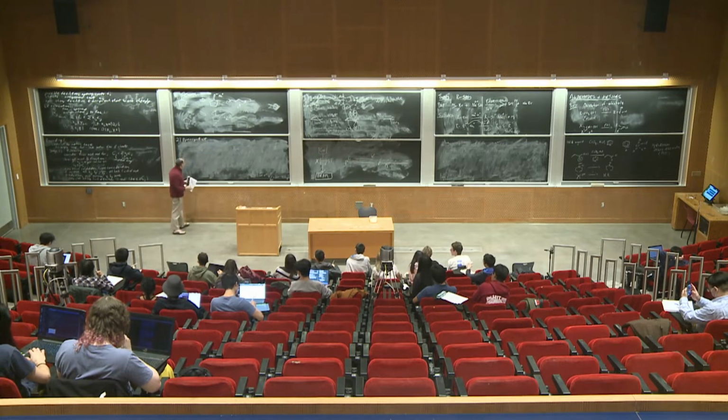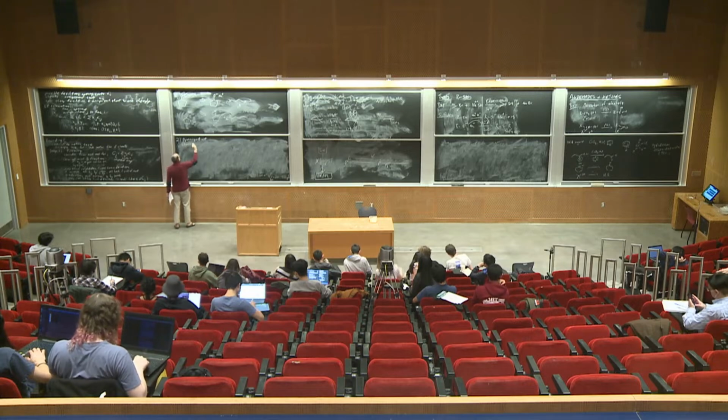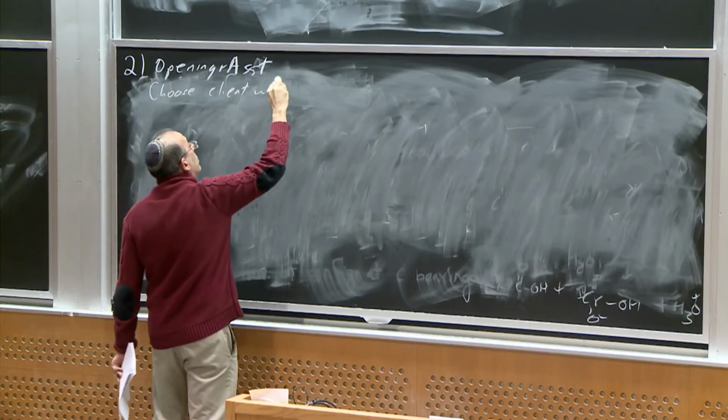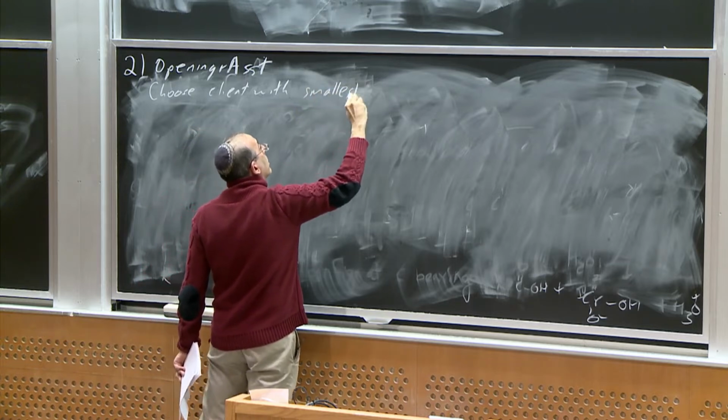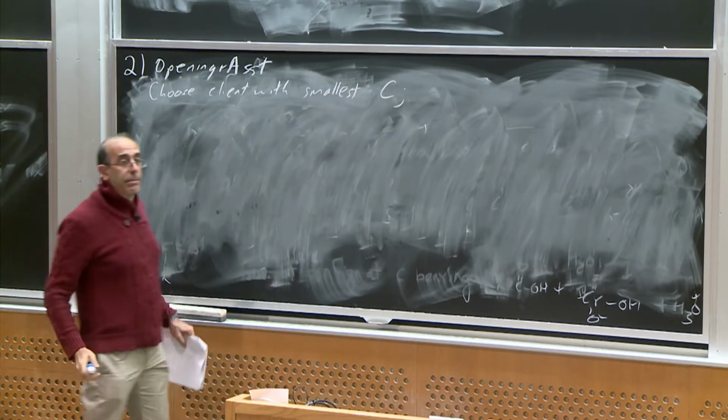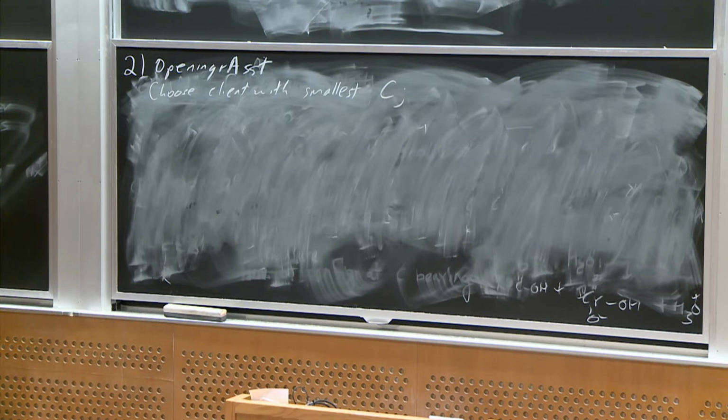And this is where we're actually going to rely on the triangle inequality. Okay. So what we do is we choose the client with the smallest C sub j. Okay.